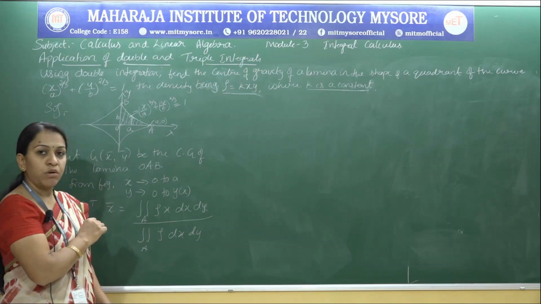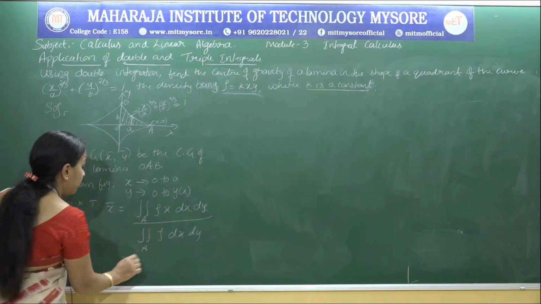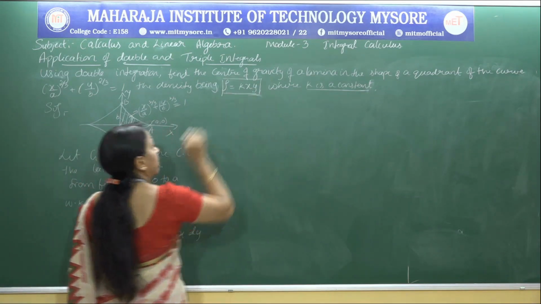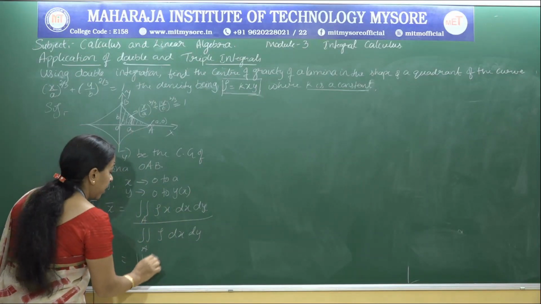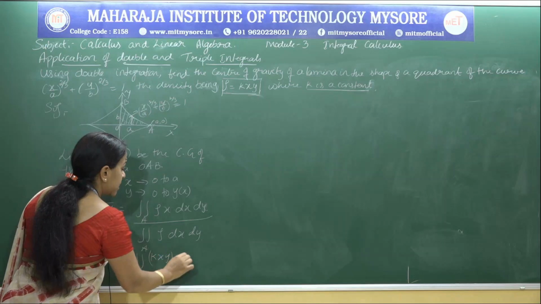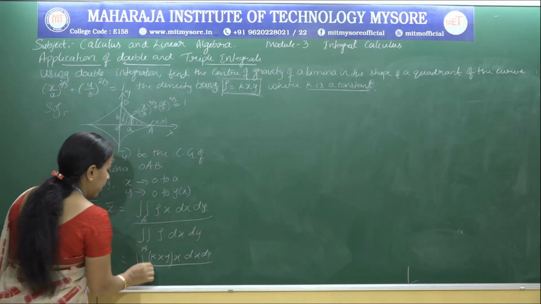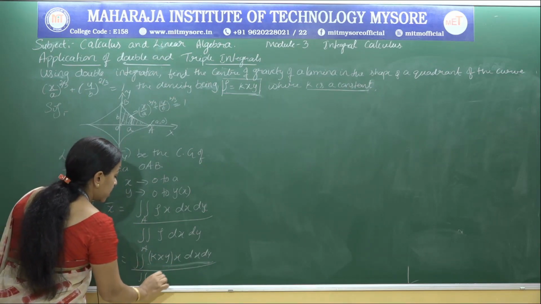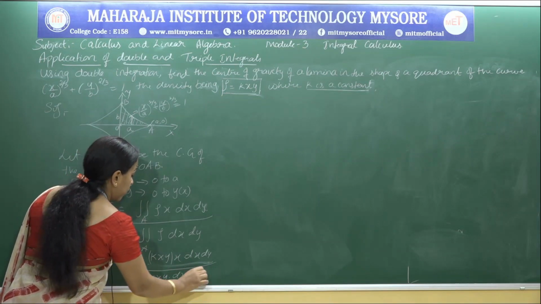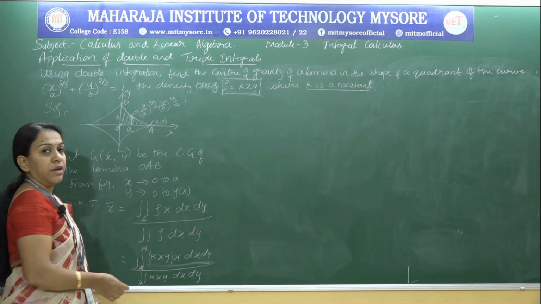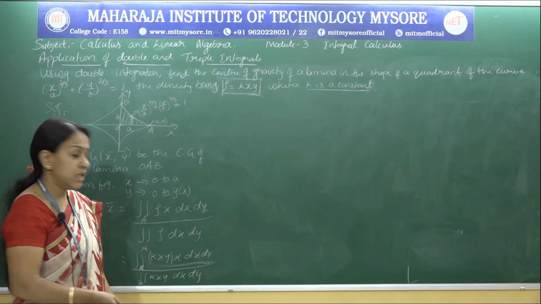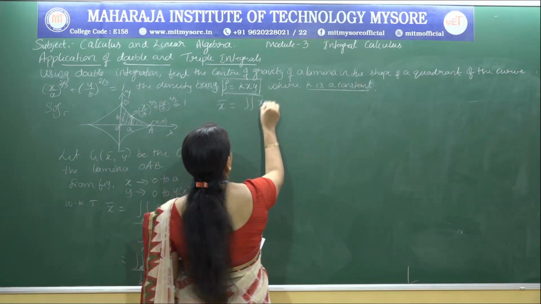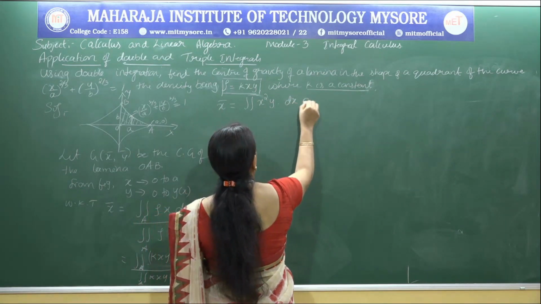Now substitute your rho, which is given by k x y. So I replace that by k x y into x dx dy divided by double integral of k x y dx dy over the required area, the given area. So I can cancel x, so that our x bar remains with double integral of x square y dx dy.